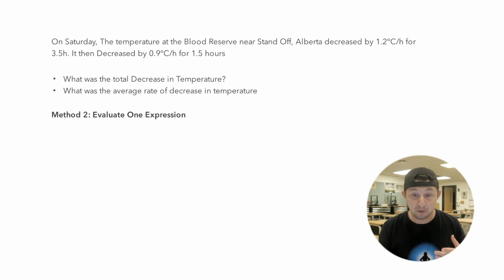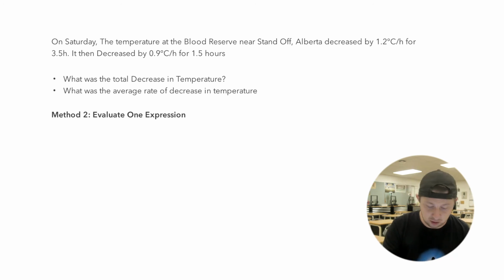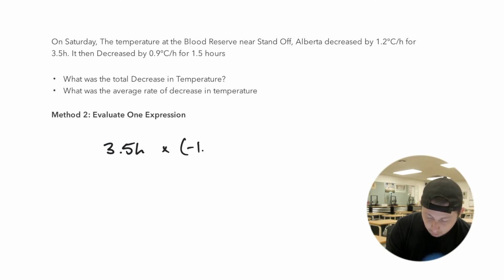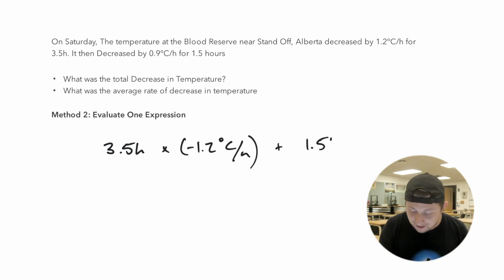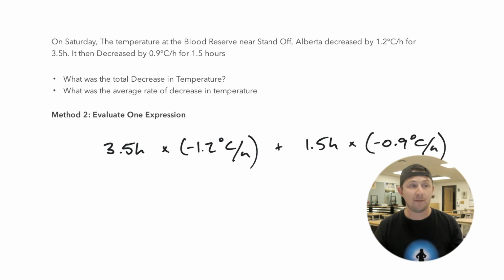So we can represent the total temperature decrease like this. 3.5 hours times a negative 1.2 degrees Celsius per hour, that's phase 1, plus 1.5 hours times negative 0.9 degrees Celsius per hour. All right, this whole expression allows me to do the problem in 1 step.